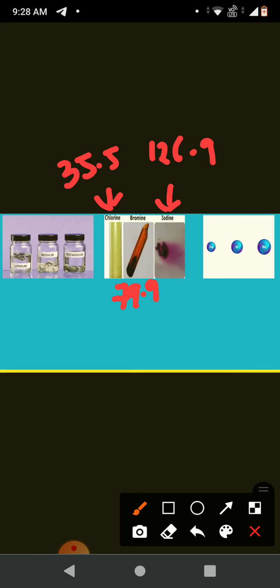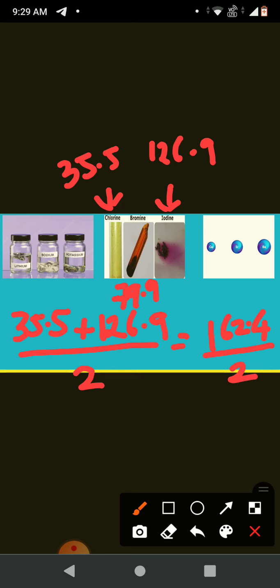Let's find the mean of the first and third element. The first element's mass is 35.5, plus the third element's mass, 126.9, gives 162.4, divided by 2.